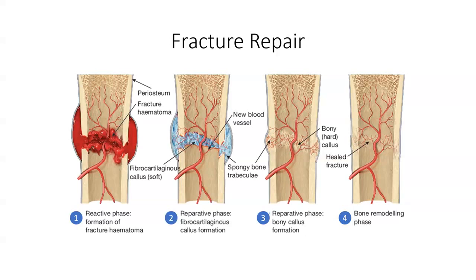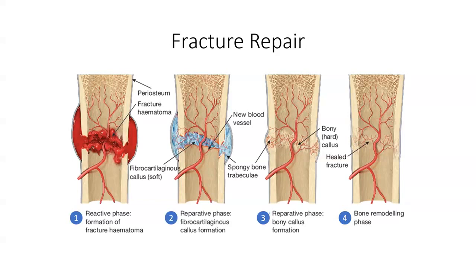The second phase is the reparative phase with the formation of a fibrocartilaginous callus. In this phase, blood vessels grow into the fracture hematoma and phagocytes continue to clean up the dead bone cells. Fibroblasts from the periosteum invade the fracture site and produce collagen fibres.